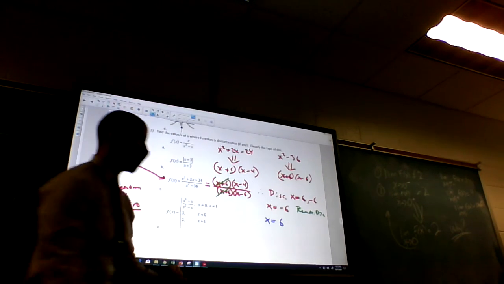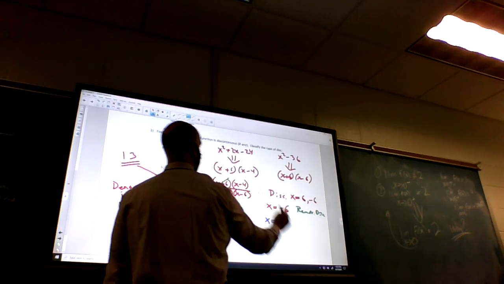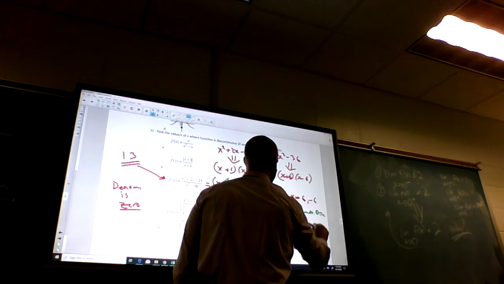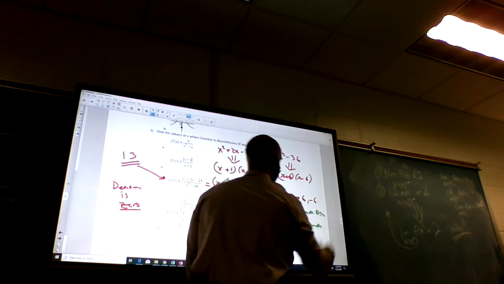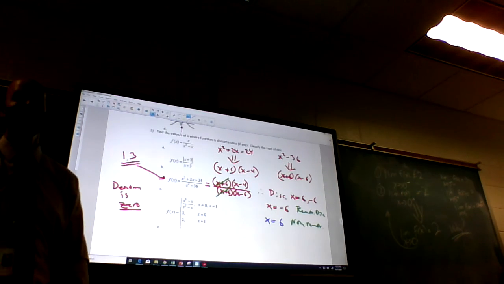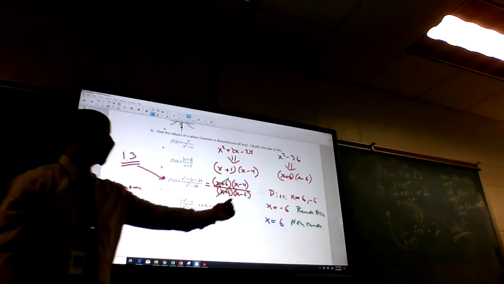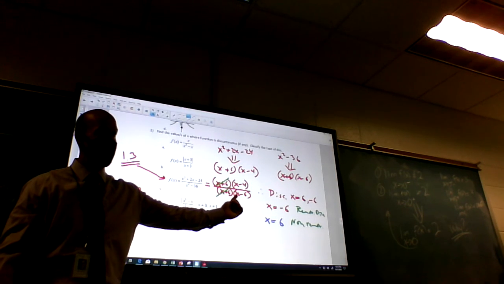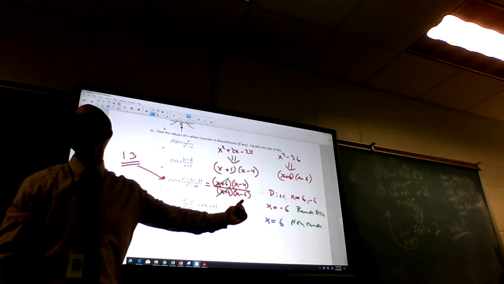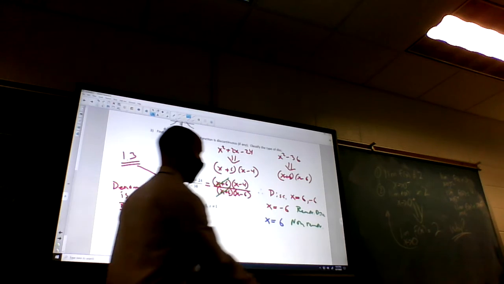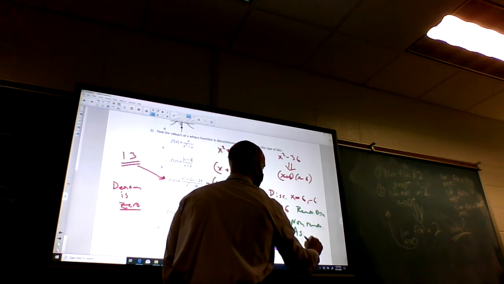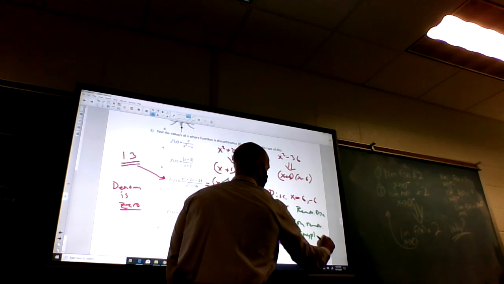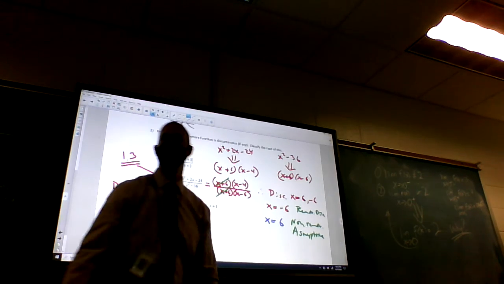That is non-removable. Why is that one non-removable? Did it cancel? Nope. Guess what it makes in the graph? You guys ever seen that word before?